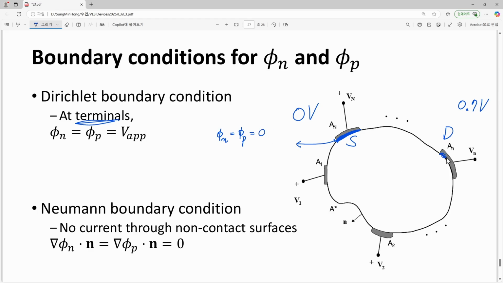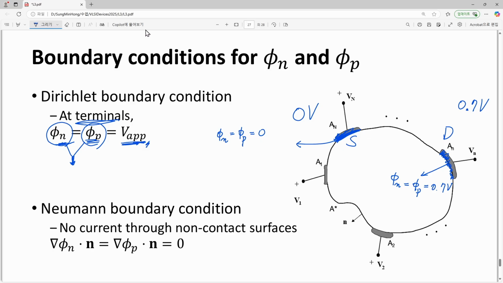And in this case, phi n, phi p, they are equal to drain voltage 0.7 volt. So simply speaking, at terminals, both electron quasi-Fermi potential and hole quasi-Fermi potential are matched to the applied terminal voltage.